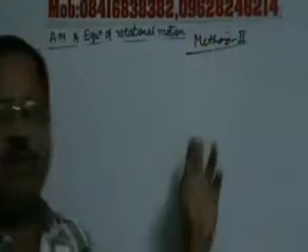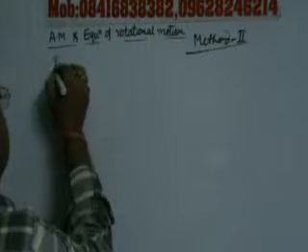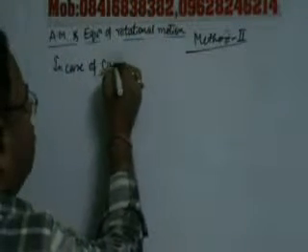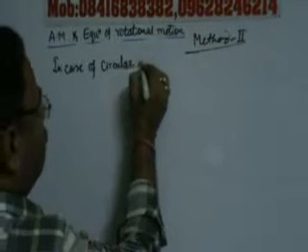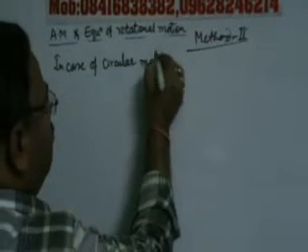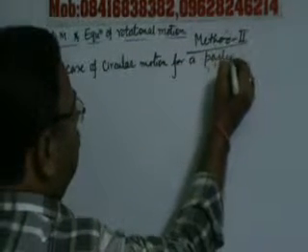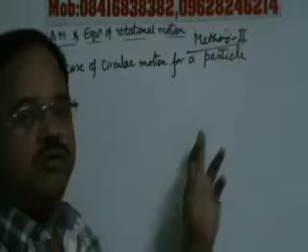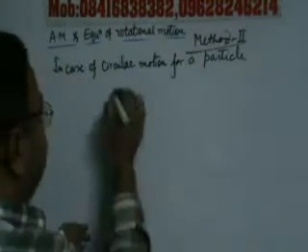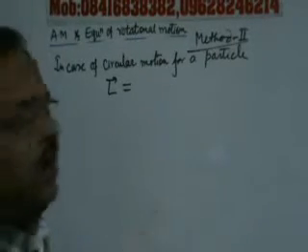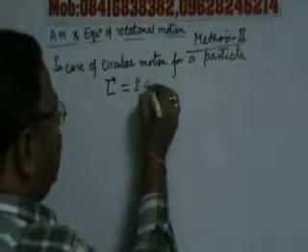In case of circular motion for a particle, what is the angular momentum? L is equal to I into omega.